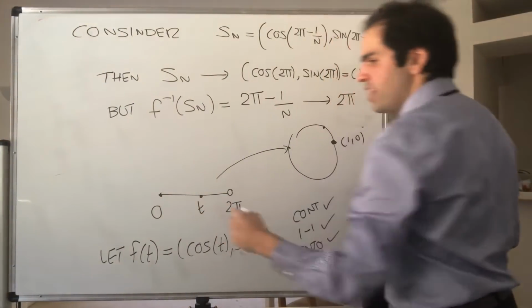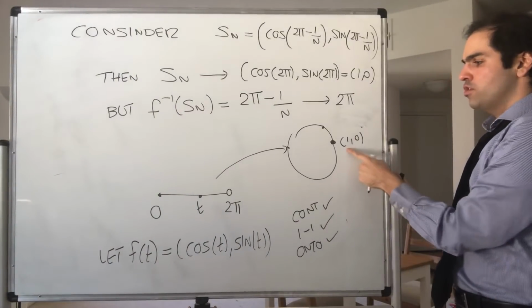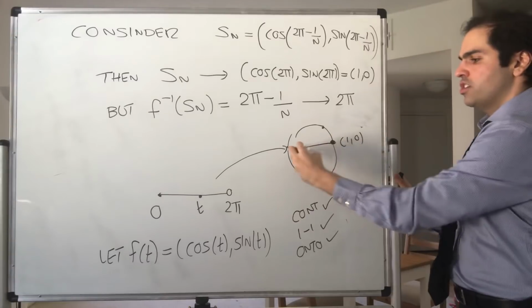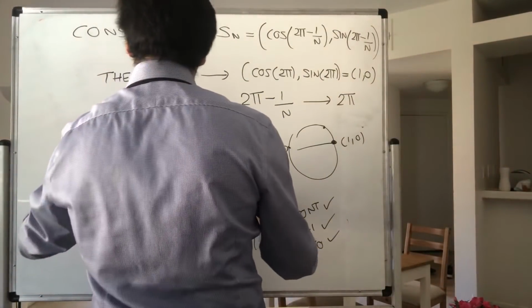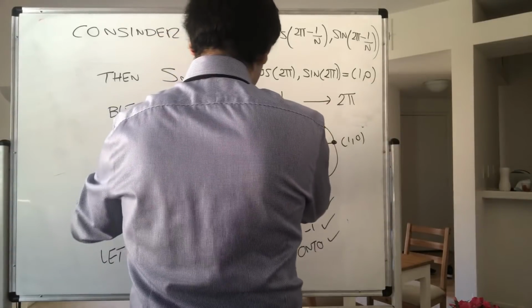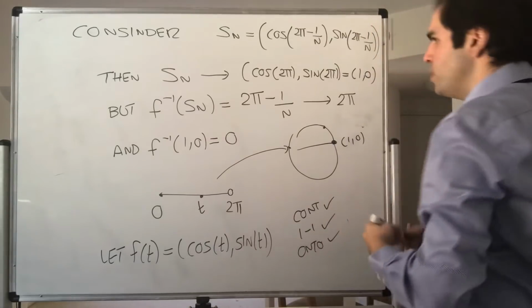Well, since we have the half-open interval [0, 2π), f inverse of (1, 0) is just the angle 0. So what do we have?